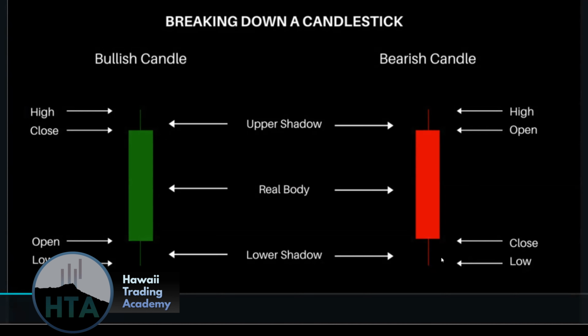It can represent 1 minute, 2 minutes, 5 minutes, 15 minutes, an hour, 4 hours, 1 day, 1 week. And it gives you a simple way to analyze price movement.